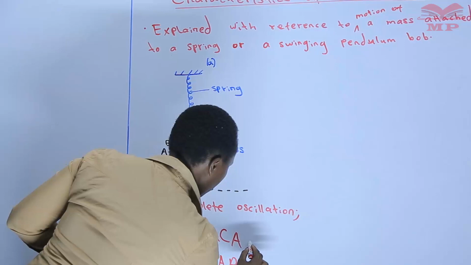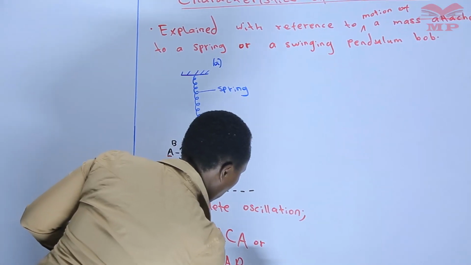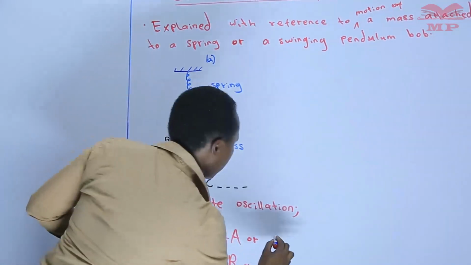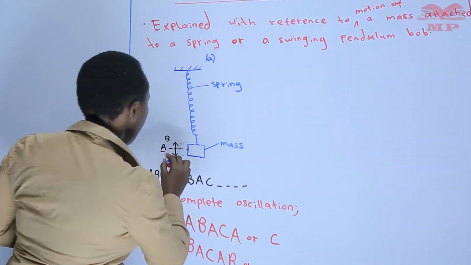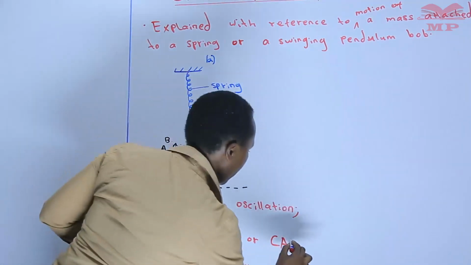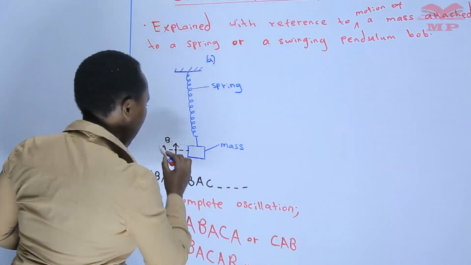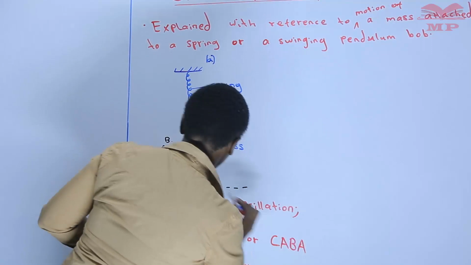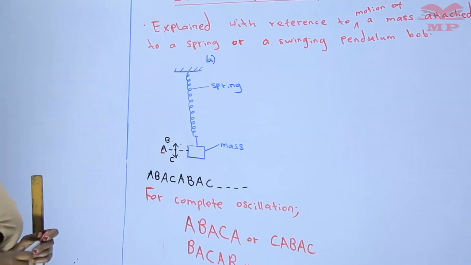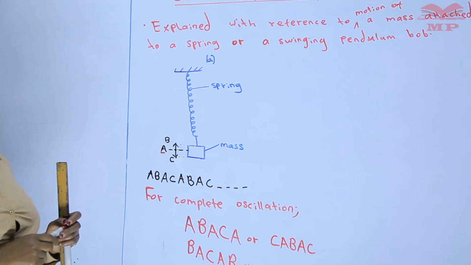Or if we are starting from C, it means that it will move from C to A, then to B, then back to A, and then again to C. That is the starting point. So that is a complete oscillation.